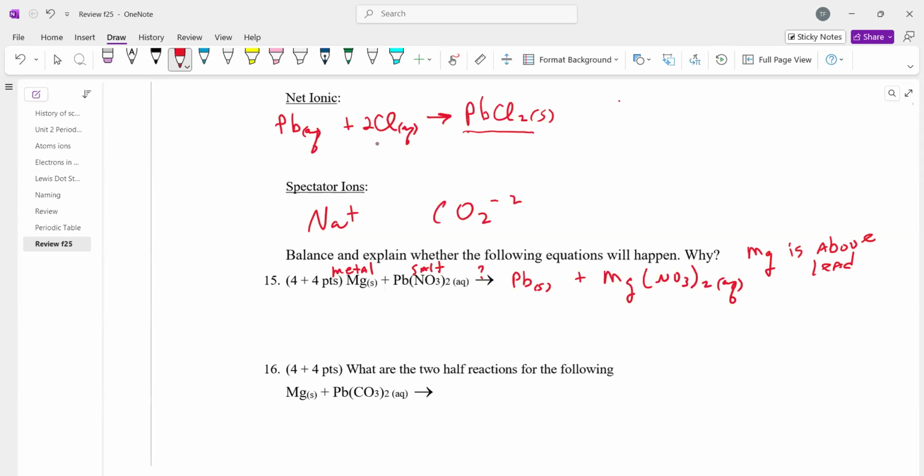The real reason is magnesium is more oxidizable than lead is. That's why it's above it. But we didn't really go into that depth. We just said, which is higher. So that's all I expect. If you want to put the other, that's fine too.